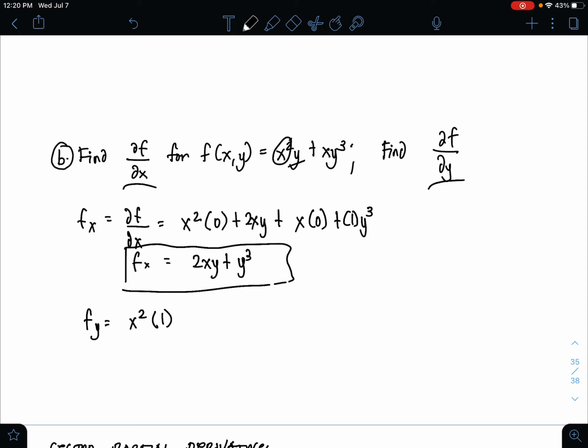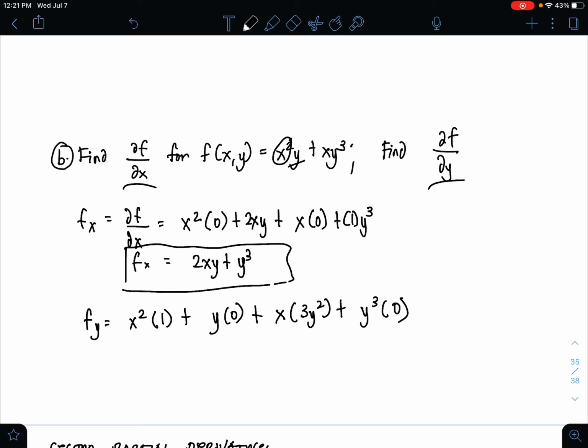So, u dv plus v du, constant x squared times 0. Then, same goes for the other one, x y cubed. So, u is x. So, since x is constant, we derive y cubed, that's 3y squared, plus y cubed times the derivative of x, which is constant, is 0.